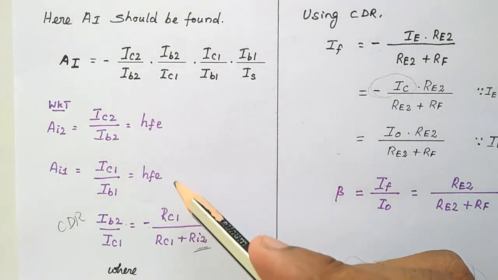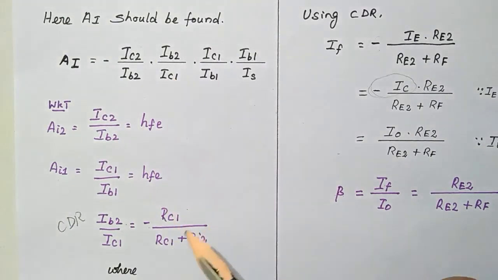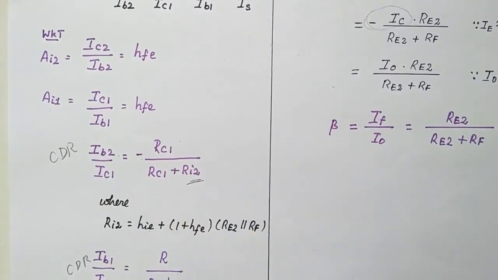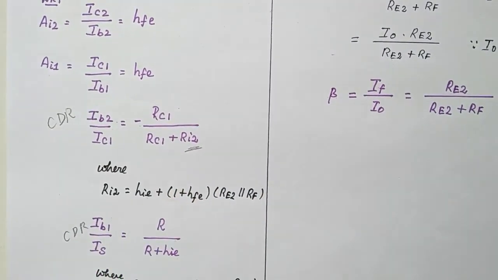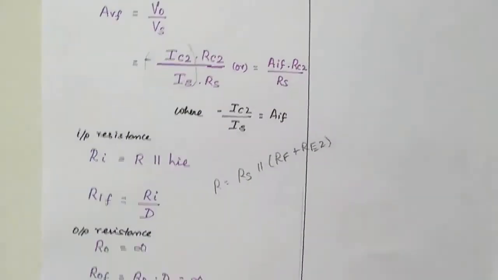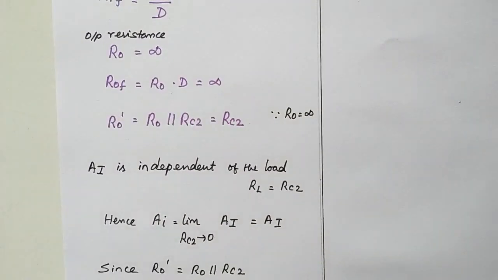You cannot find any RC2 value here, so there will be no RC2 present. Hence when we apply the limit RC2 tends to 0, we get the same AI. Considering the load and considering no load, both become the same value.